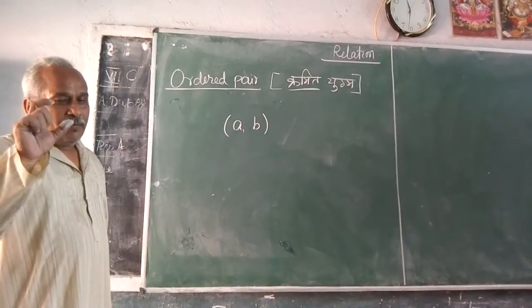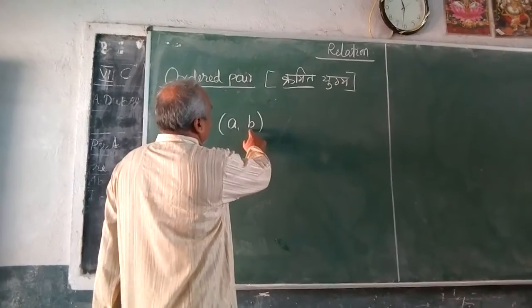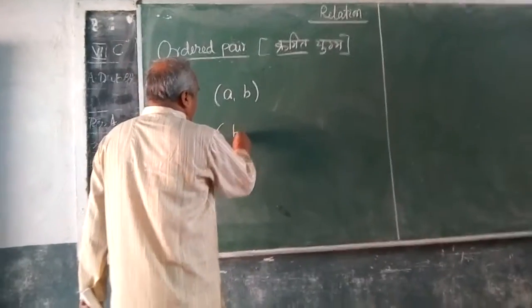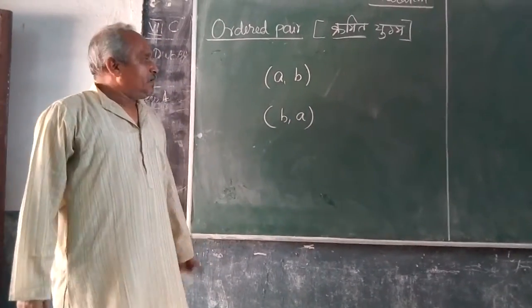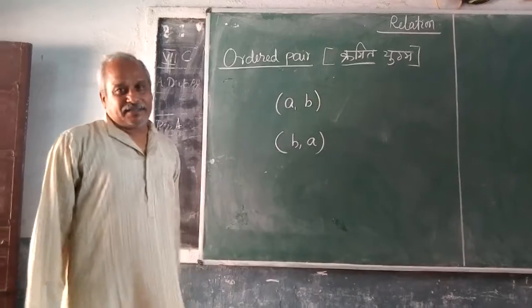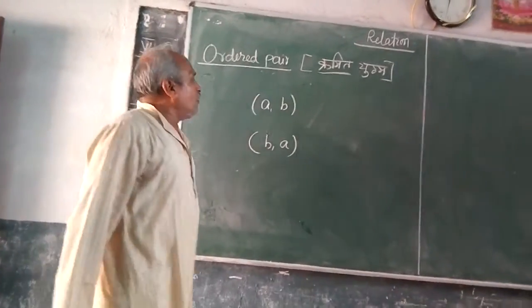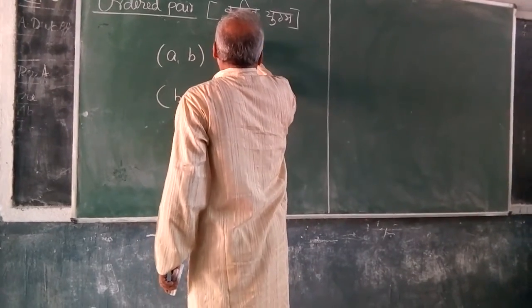Order is very significant. If I write A and B, and if I write B and A, this is also an ordered pair, but these are not the same ordered pair because the order has changed. Okay, therefore how do we define an ordered pair?